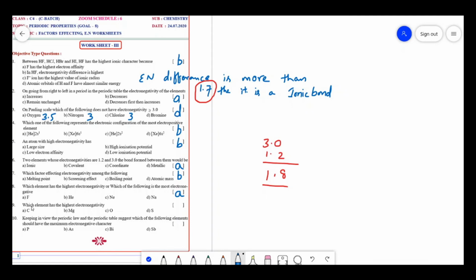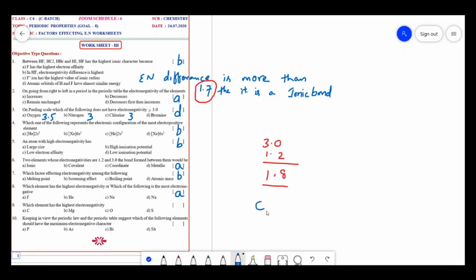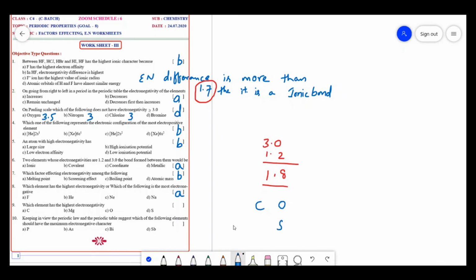Next, which element has the highest electronegativity? In this, fluorine is not given. You have to see these elements. He gave carbon. After carbon, we get nitrogen, and then oxygen. Below oxygen, we have sulfur. And magnesium is present here.